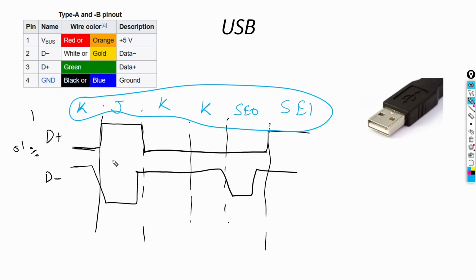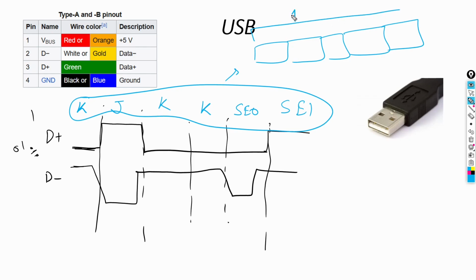From these 0s and 1s, we'll formulate a packet structure with a number of bytes, and these bytes go to a higher level, which we'll call a transfer, and this transfer is initiated by the core.